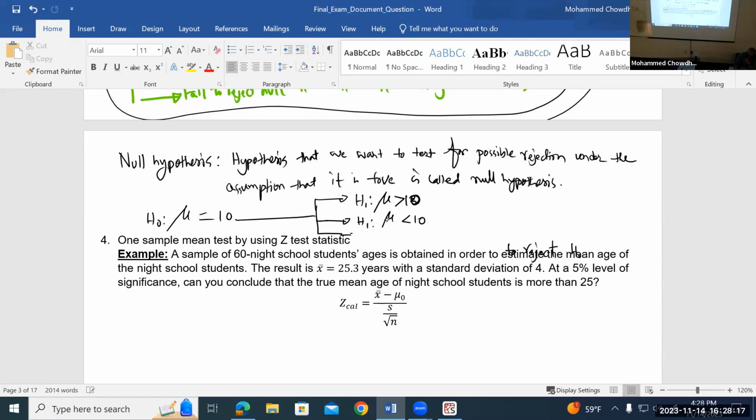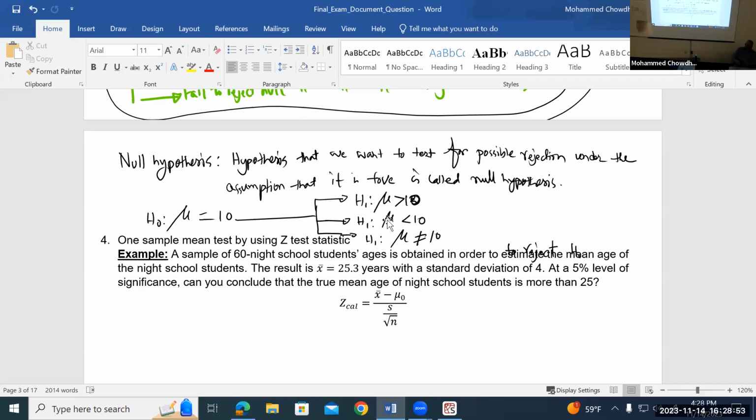Number three, students spend an amount that we do not know. This is the null hypothesis and that is the alternative hypothesis. The hypothesis that we want to test for possible rejection is called the null hypothesis. Any hypothesis other than the null hypothesis is called the alternative hypothesis. Clear, right?